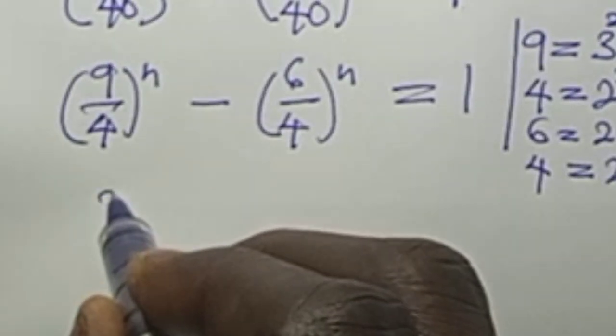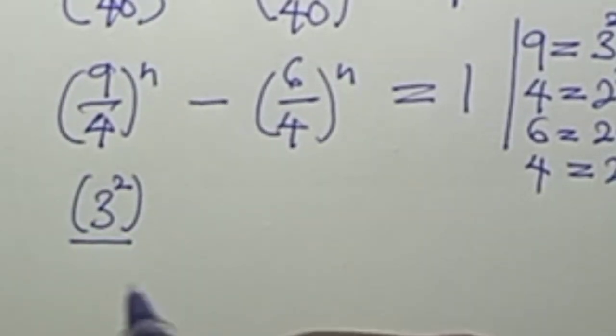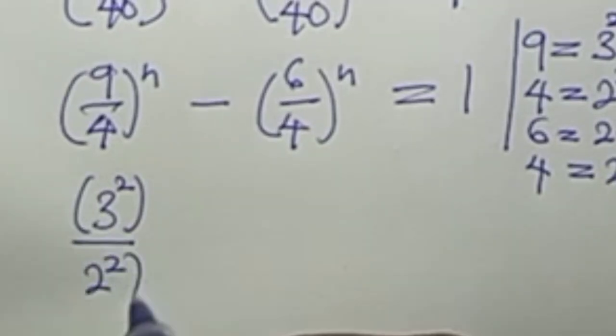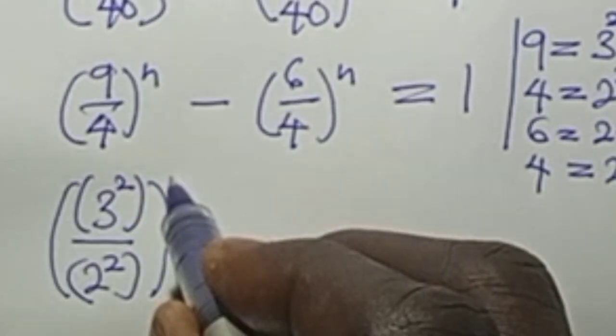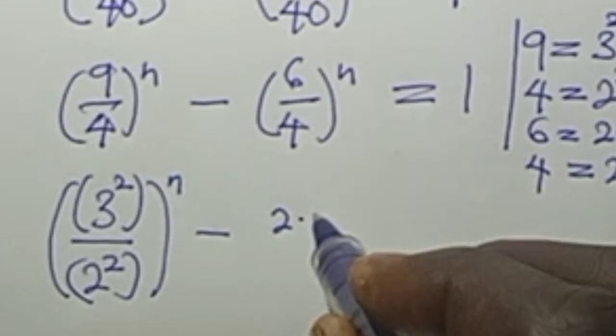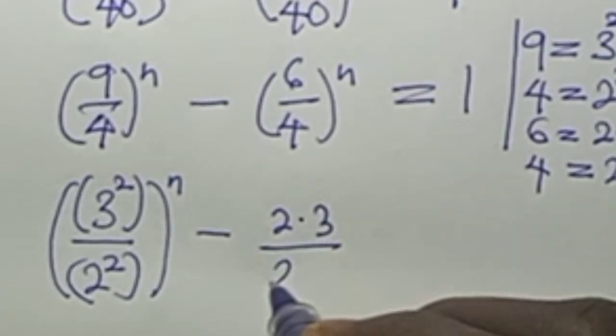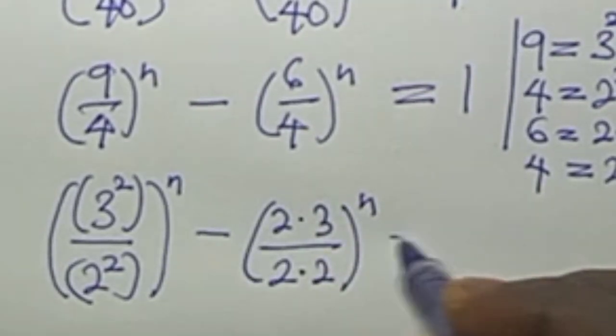So we can write 3 to the power of 2 over 2 to the power of 2 is raised to power n minus 2 times 3 over 2 times 2 raised to power n equals 1.